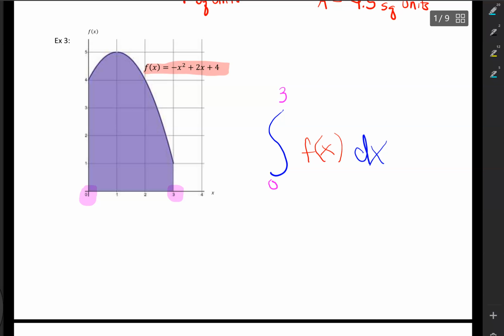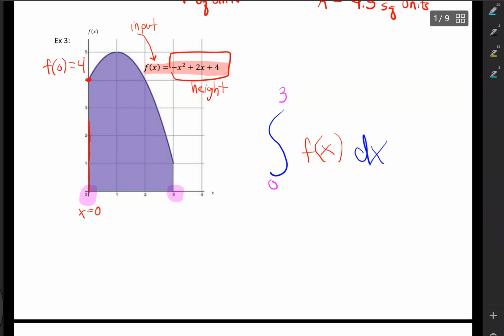Let's think about what f of x is telling us. f of x is the height of the graph, right? If you put an input into x, it calculates the height of the graph. It's your output. So for example, if I put x equals 0 into my function, it goes up here. f of 0 has a height of 4.